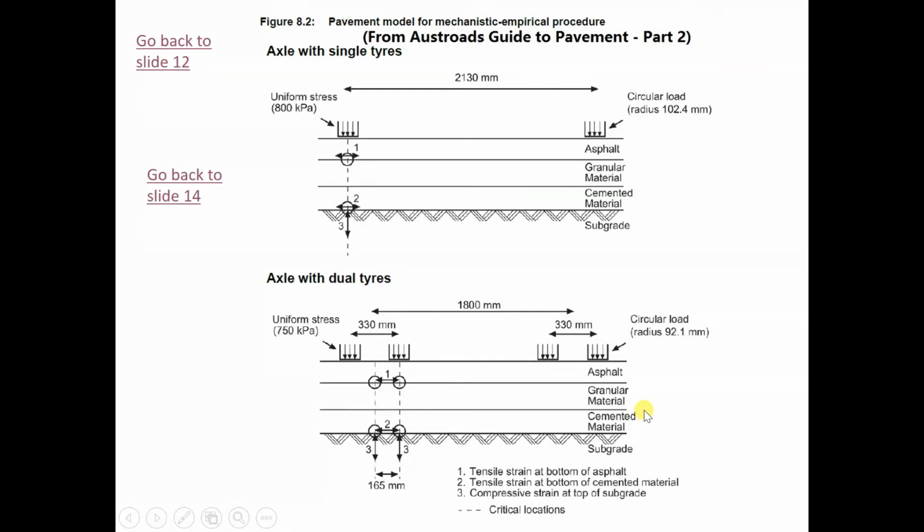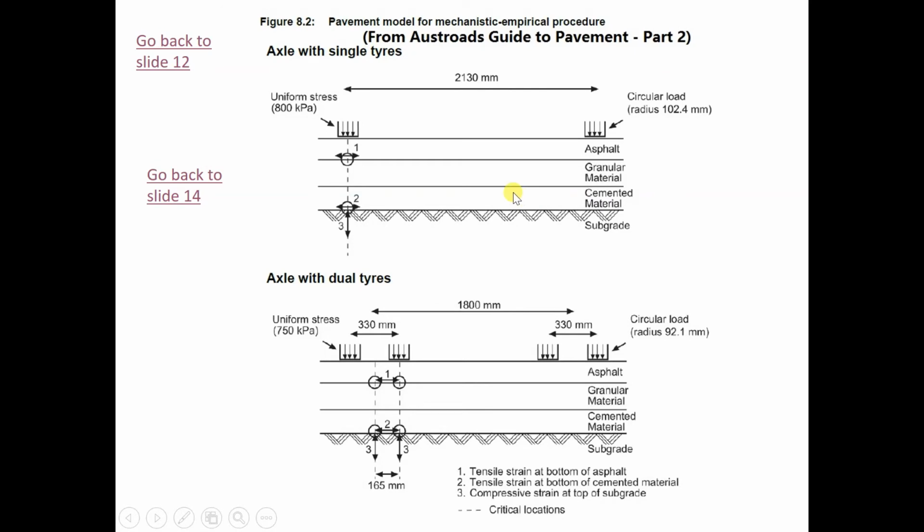So in this mechanistic approach, we have multi-layers. Usually we have some cemented material, this is a bound layer. Granular material is unbound. Asphalt is a bound layer. We could even consider a scenario where you have a thin surfacing and then all the layers unbound.